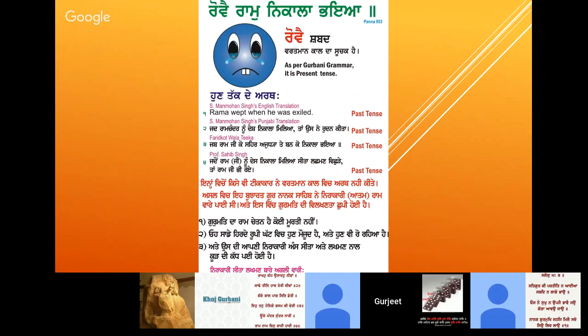But if we just say roe, then there should be rove. It shouldn't be the word rove. It should be roe ho sakta, but not the word rove. Rove will certainly indicate that it is a present continuous tense. And the whole Shabad runs on present continuous tense, and most of it has been done in the past. And then they say that they have been using grammar.